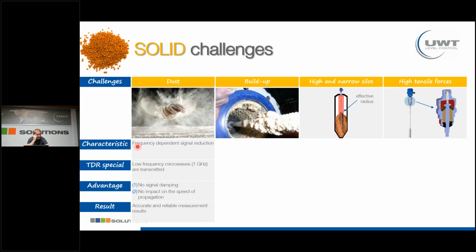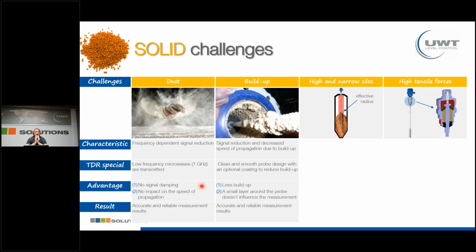TDR sensors are basically also radar sensors, but with a lower frequency than all the non-contact radar sensors operate. And so this is an important point, the low frequency, because we do not have a strong dampening due to dust, and also the speed of propagation is not influenced. So with TDR sensors in dusty environments, we get a reliable and also very, very accurate measurement.